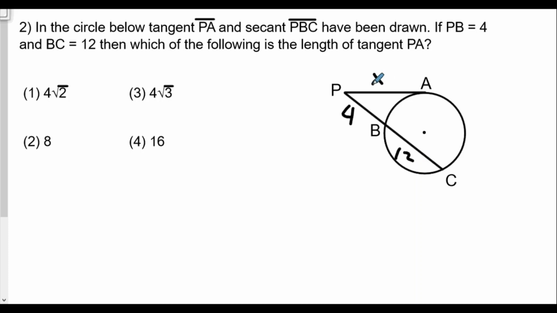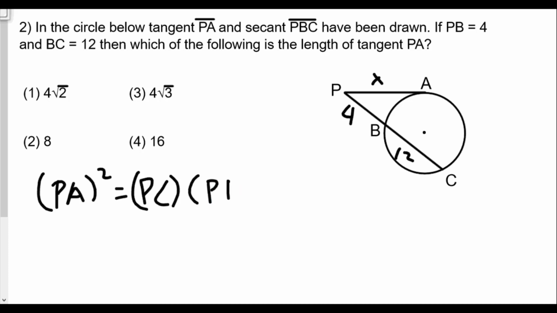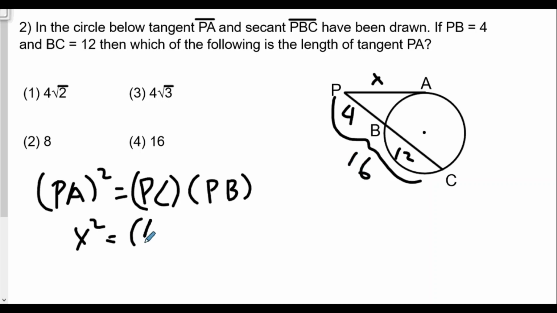When a tangent and a secant meet outside of a circle, the measure of the tangent squared is equal to the measure of the secant times its external segment, PB. And so PA is x, so we'll call it x squared. PC is neither 4 nor 12, it is the sum of them, which is 16.